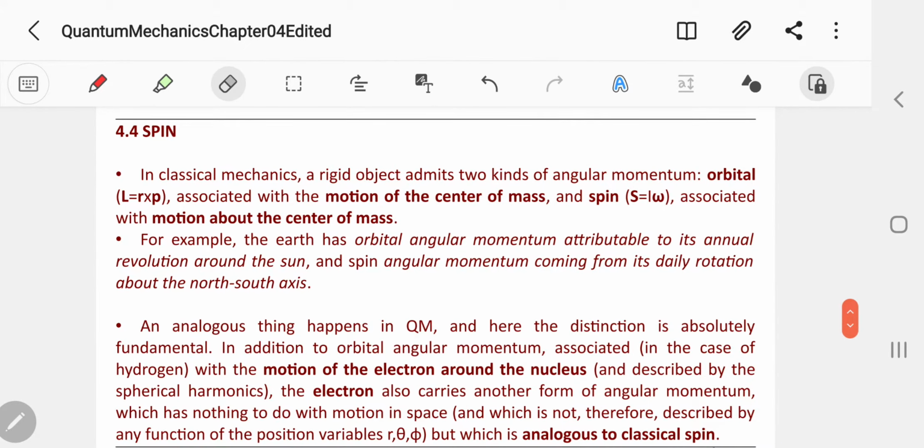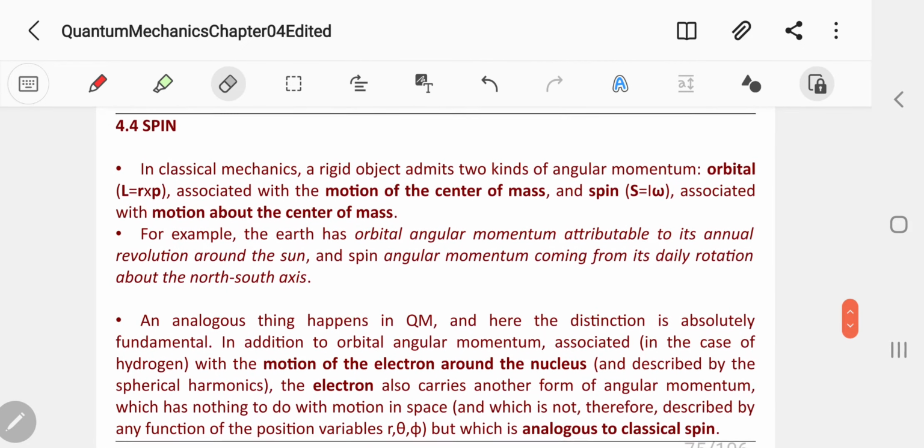So now let's go to spin. The spin is the angular momentum with respect to the rotation of the particle with its axis. It's not the rotation about a center somewhere else, but within itself.